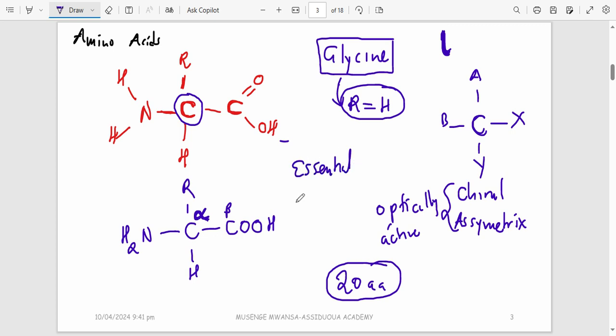Other amino acids are non-essential. Any idea what we mean if we say essential amino acids? Any idea? Okay. So essential amino acids are amino acids which you can't make. They have to be gotten from the food that you eat. Same with essential fats. Every time you hear essential, you can't make it. Non-essential means that your body can make it, and so you don't need it from food. Is that okay?